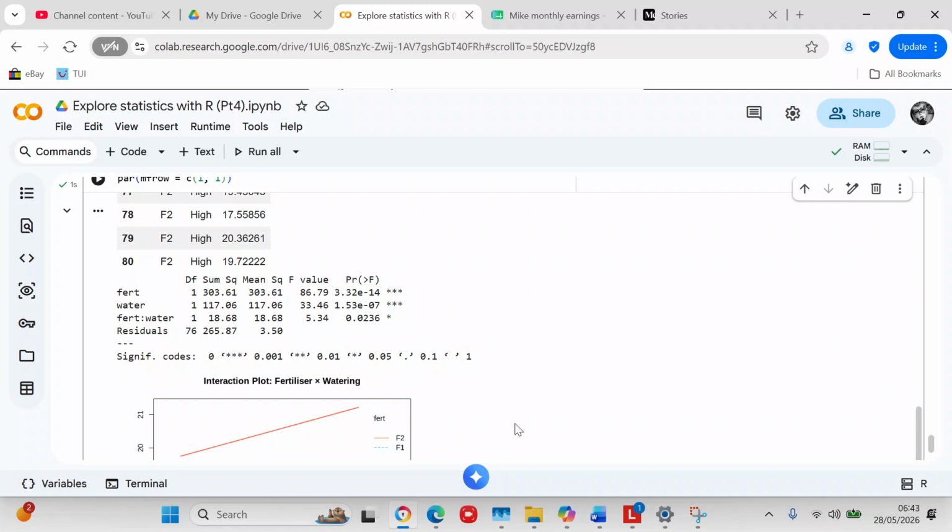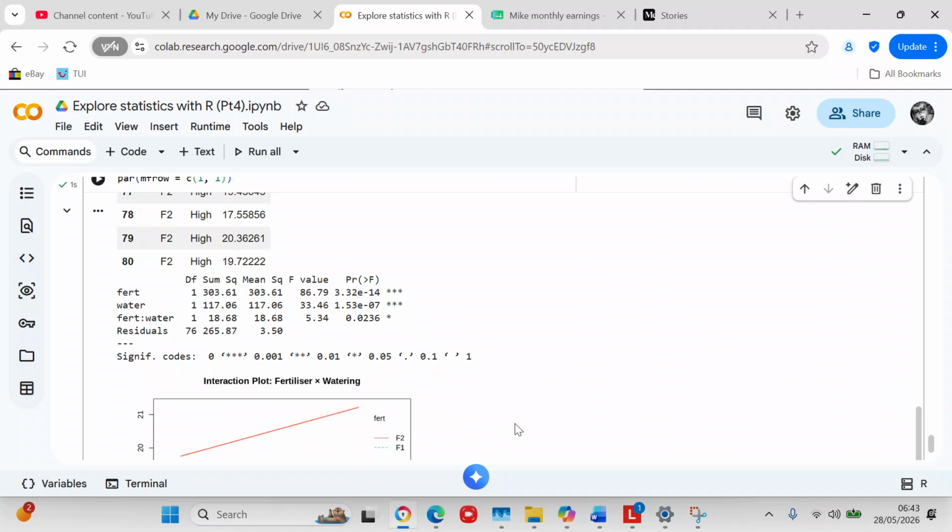And for FERT water, it's 0.0236. So all 3 of those P values are less than the significance level of 0.05.